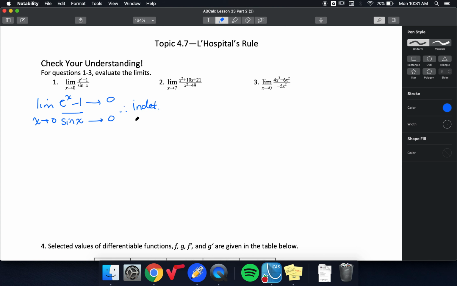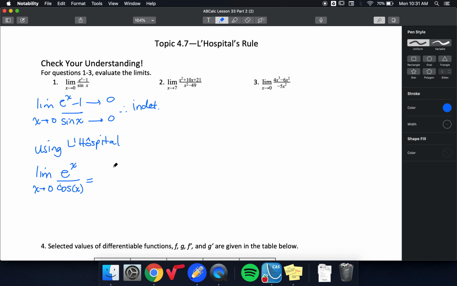And you need to say this, so using L'Hospital, and there should be an accent above the O, I can say that the limit as x goes to 0, so derivative of e to the x is e to the x, derivative of 1 is 0, derivative of sine is cosine of x.